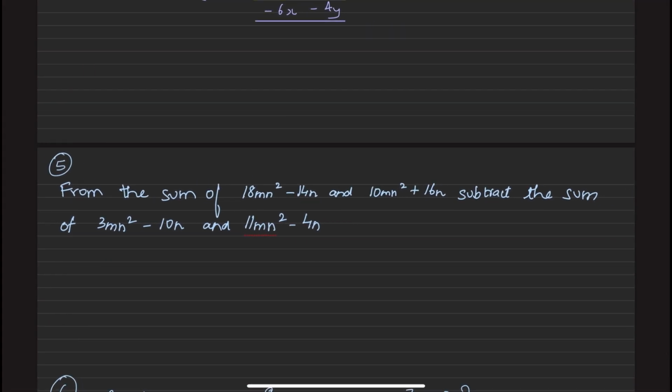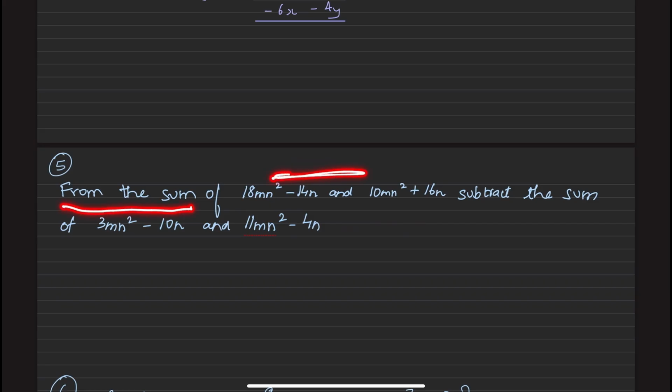From the sum of this and this, subtract the sum of this and this. What do we do, guys? Come on. First we'll find the sum of these and of these. Find the sum, write it over here like on top of it. Then what do we do? From the sum.